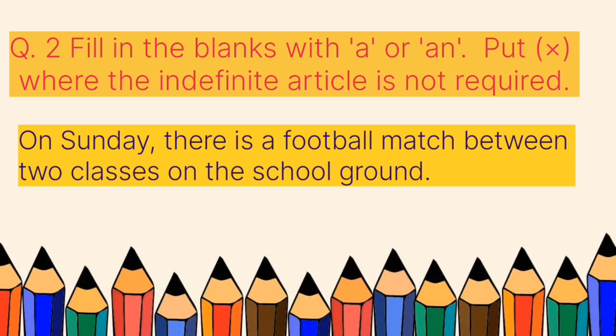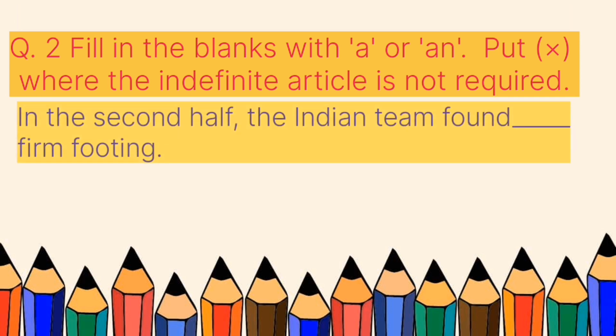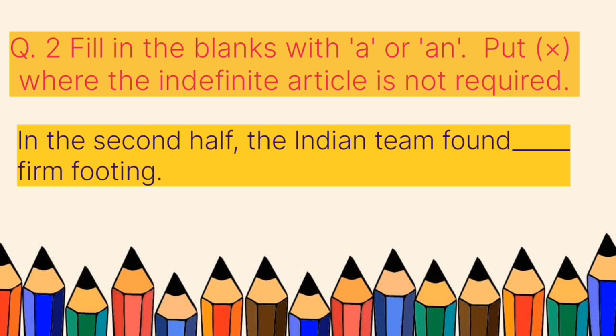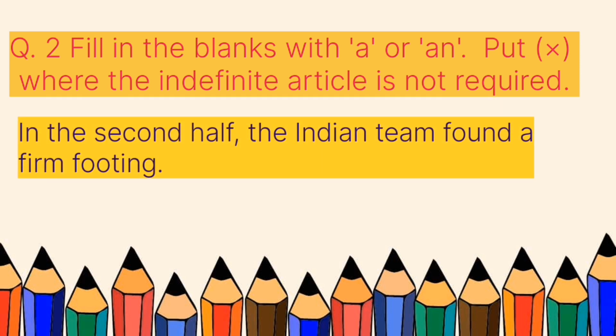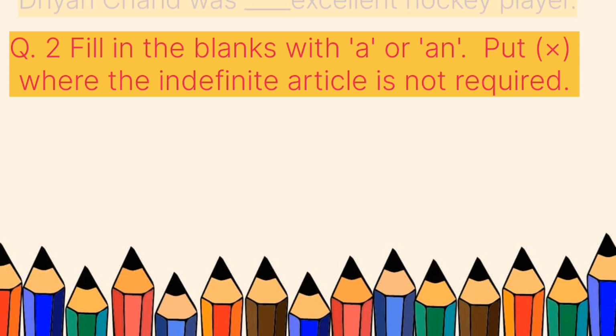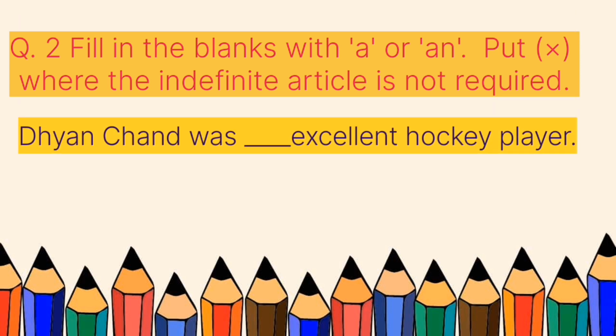Next example: in the second half, the Indian team found dash firm footing. The answer is: in the second half, the Indian team found a firm footing. A, because firm begins with the consonant sound F. Next example: Dhyan Chand was dash excellent hockey player.